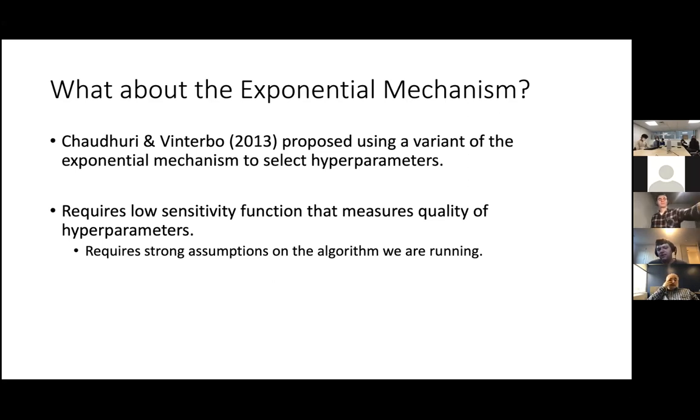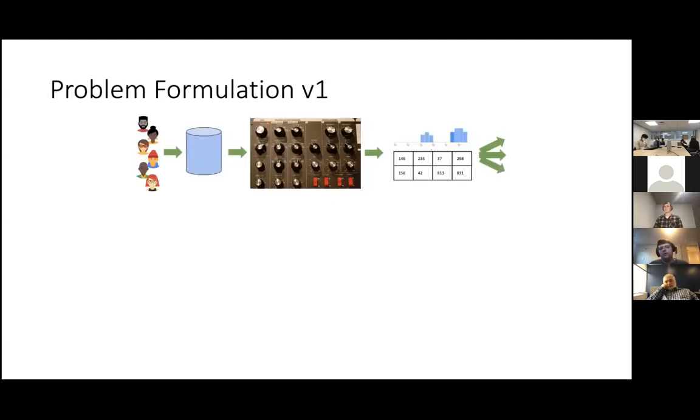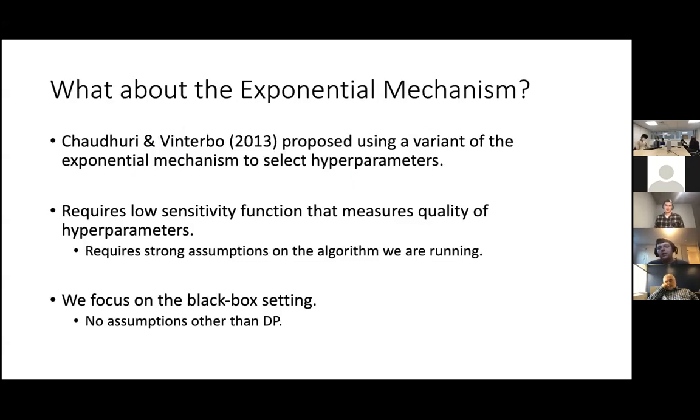To make that work, you're going to have to make some fairly strong assumptions about the algorithm that we're running. I just want to emphasize that we're looking at the black box setting because in practice, we work very hard to come up with a differential privacy guarantee. We don't want to work even harder to come up with additional assumptions that would help us control the sensitivity of the hyperparameter quality.